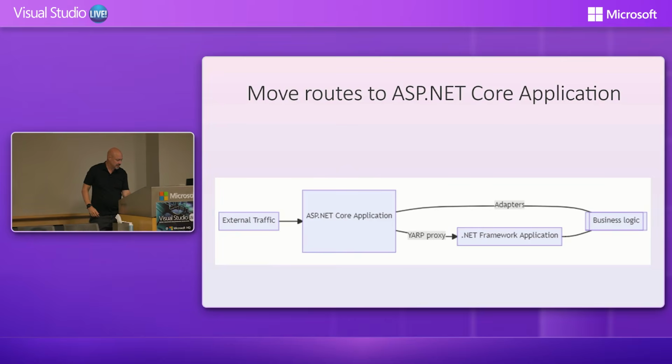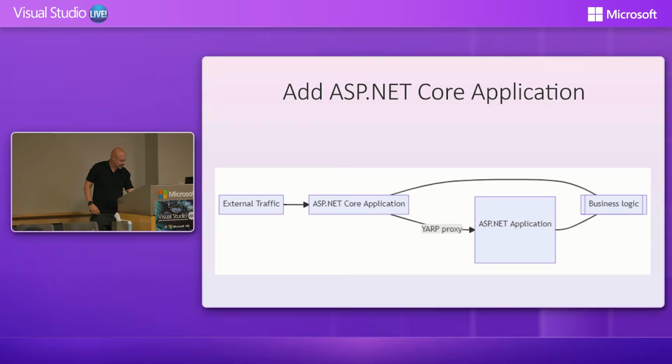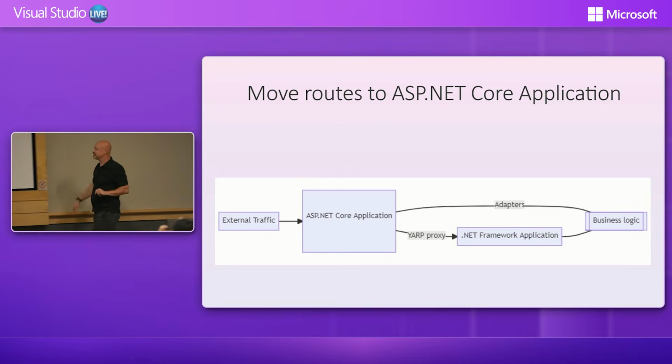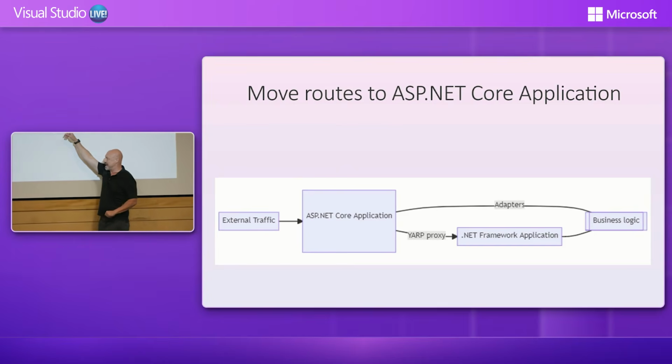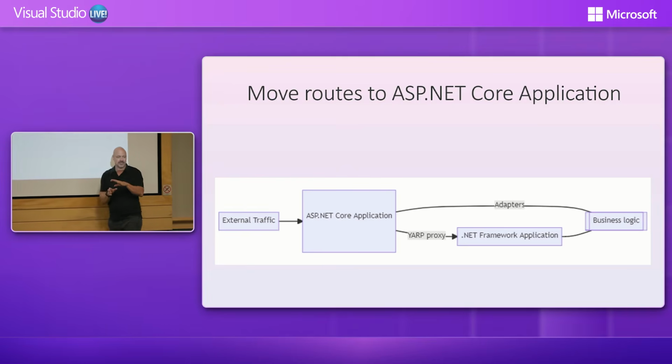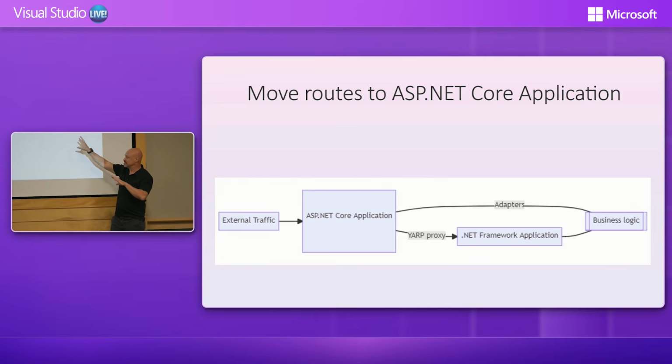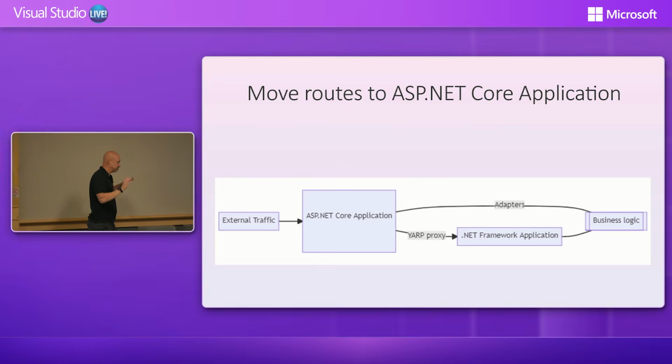Then over time we start moving things. There are also special adapters that can hook in. So if we've got special custom logic, things that can't be moved to the newer application, they can still connect to the old application.